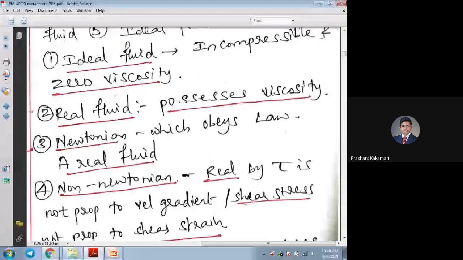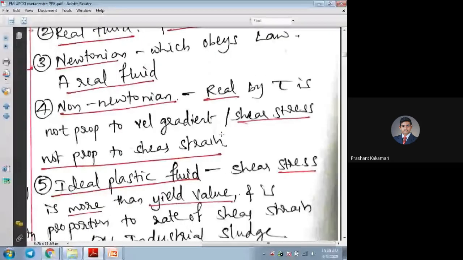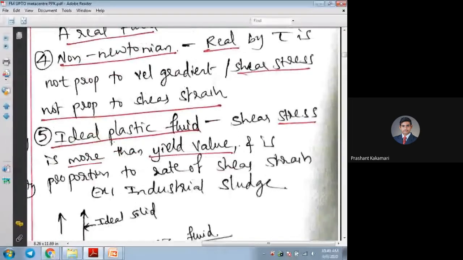Whatever law Newton is explaining for a given fluid, call it Newtonian fluids. Then non-Newtonian fluids, if you see, this is the real fluid, as I told. So real fluids and non-Newtonian fluids are almost the same. Shear stress is not proportional to velocity gradients. It is having the curvilinear path. Such type of liquids we are calling non-Newtonian fluids.